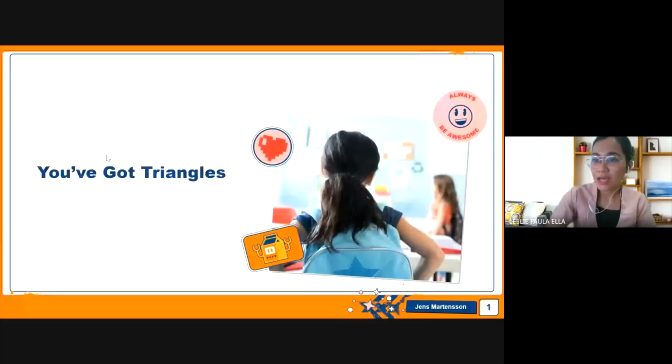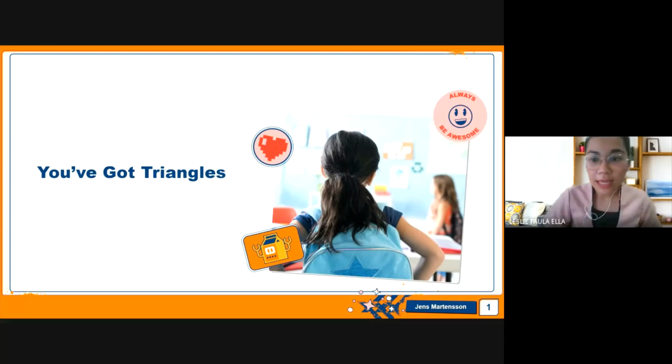We're going to try to form triangles. So given a set of lengths, we're going to try to form triangles.